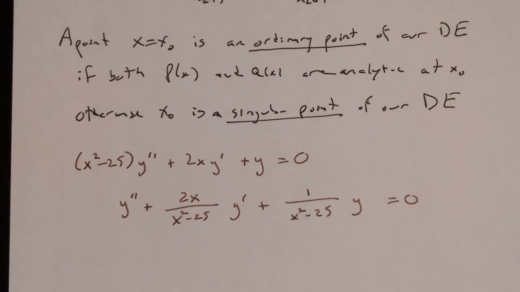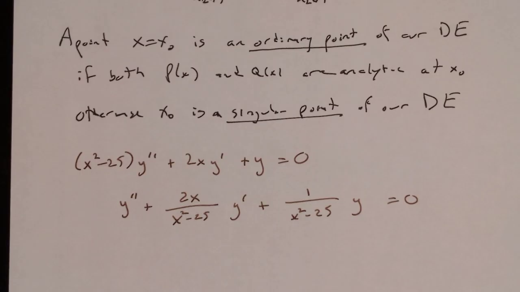There's P and Q, the coefficient functions of y prime and y, respectively. Where are they messed up? That's where they're different from each other, but where are they messed up? Where are they going to fail to exist or fail to have a derivative that exists?